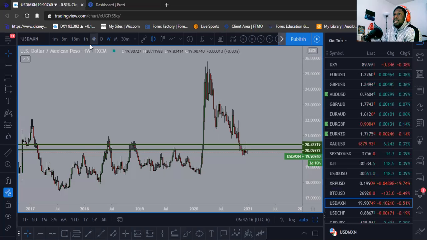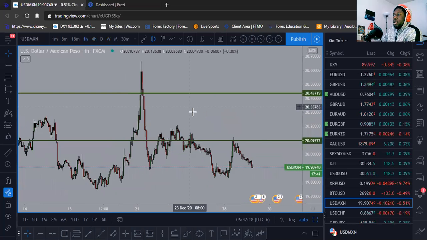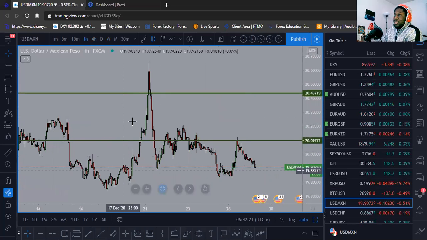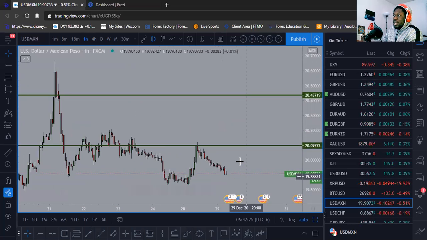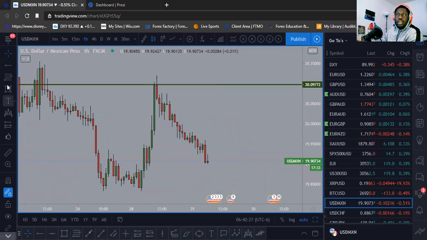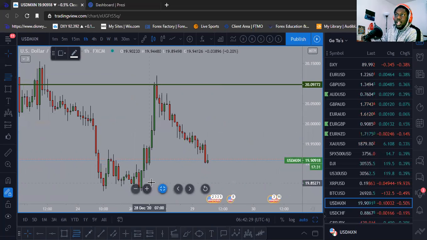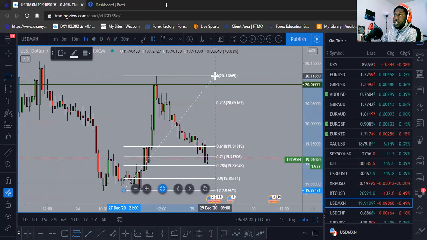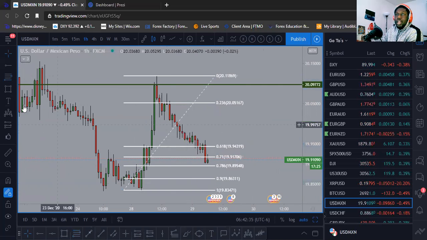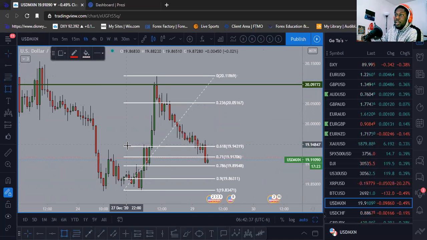USD Mexican, not really feeling this pair at all. Like I said, it made this buy to sell move, came back and dropped. The way it's setting up right now on the 1 hourly, you could be looking for a potential buy right here off of this zone.